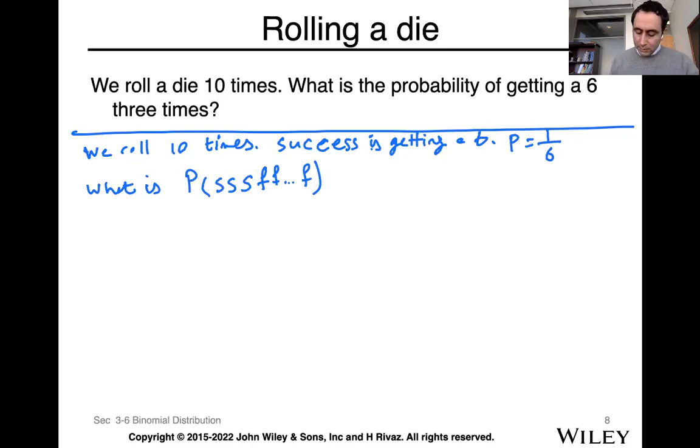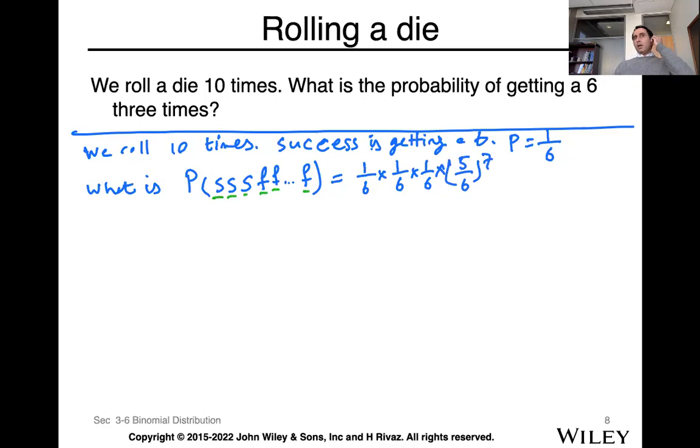Since they are independent, this probability is going to be the multiplication. And when I multiply, it's going to be 1 divided by 6 times 1 divided by 6 times 1 divided by 6 because of the 3 successes, and then times 5 divided by 6 to the power 7, because here I have 7 failures.